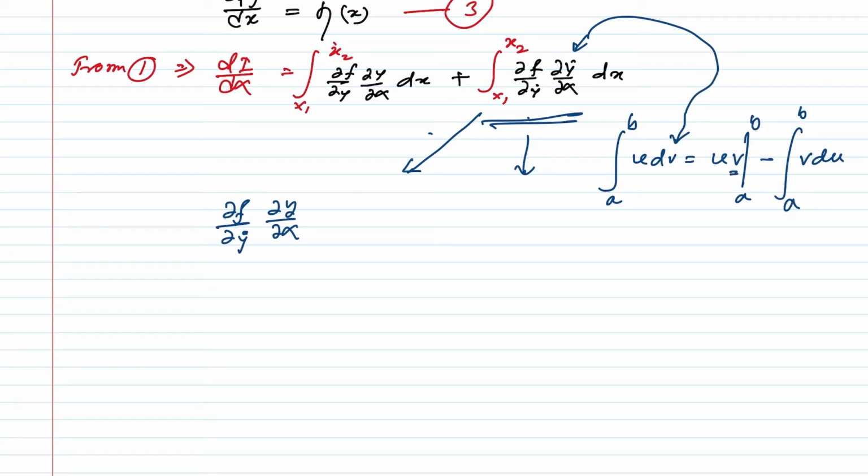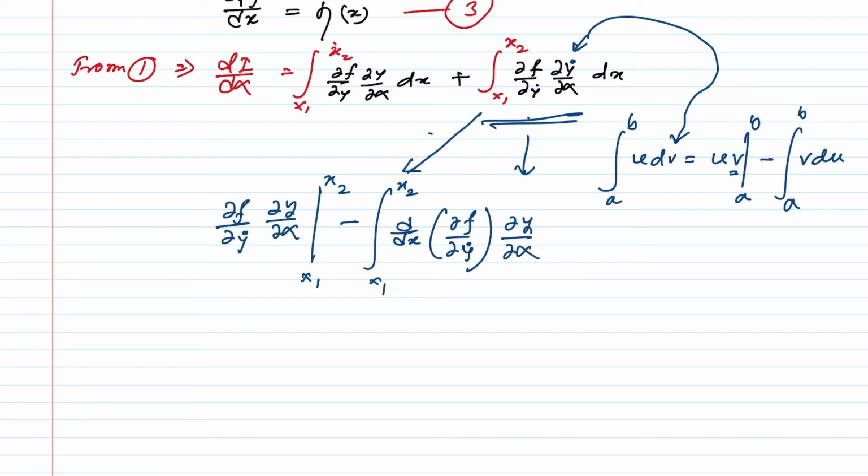So this del y dot by del alpha becomes del y by del alpha here, from x1 to x2, minus integration from x1 to x2 of the derivative with respect to x of del f by del y dot, then del y by del alpha dx. Okay, so I hope you have understood this.